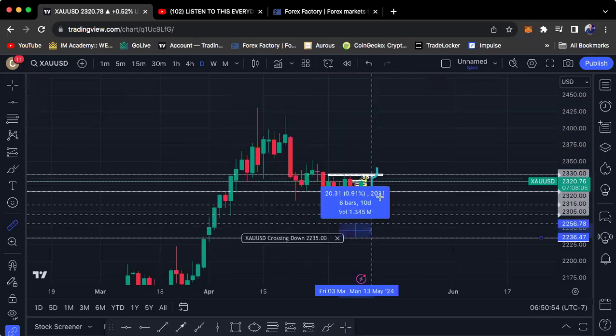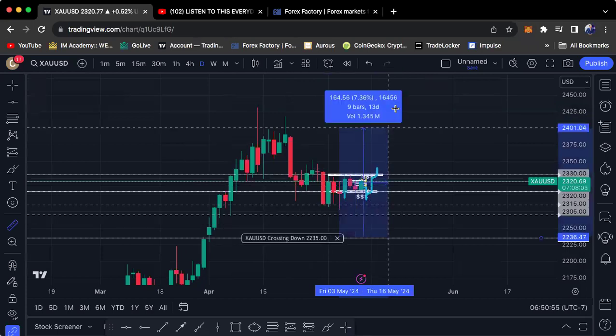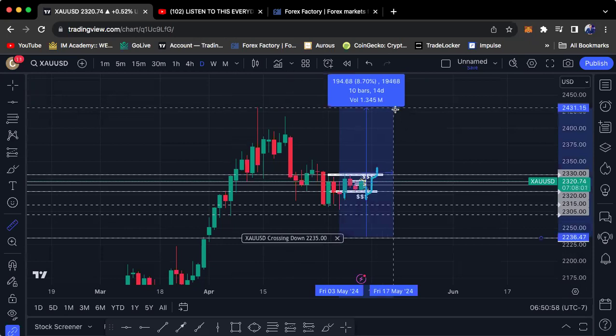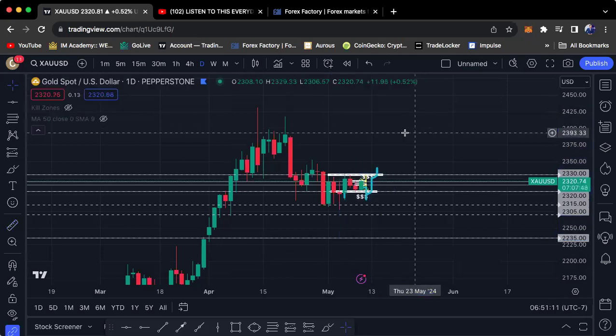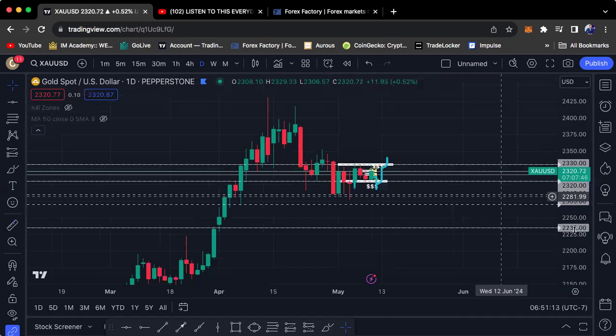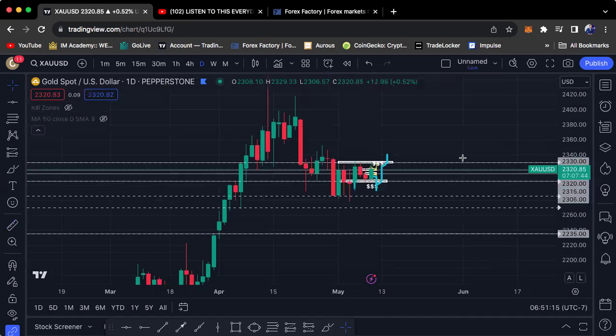So it's a total of, oh, sheesh, 1,940 pips. That's a lot of pips.